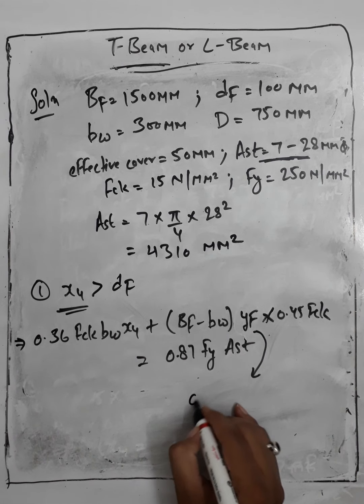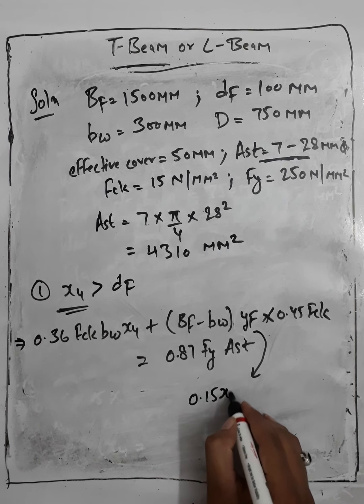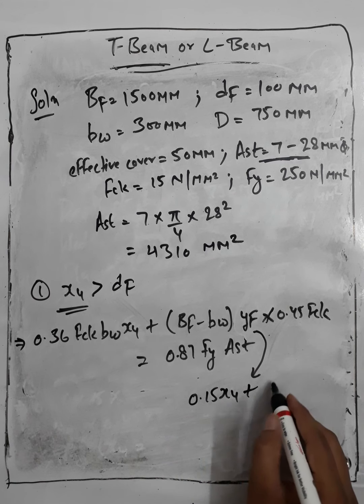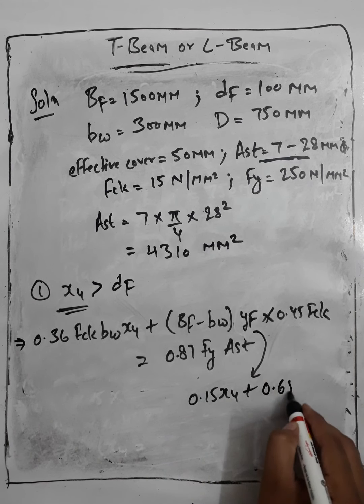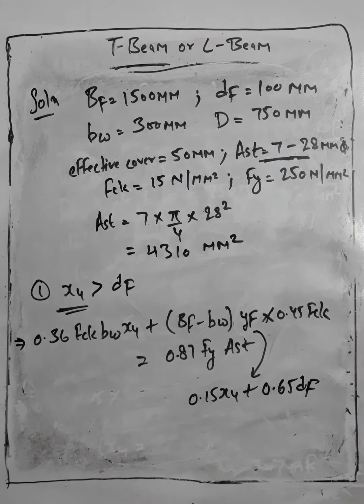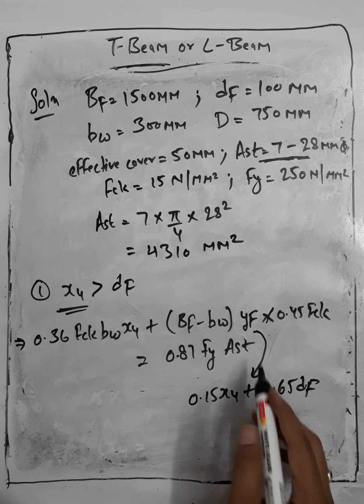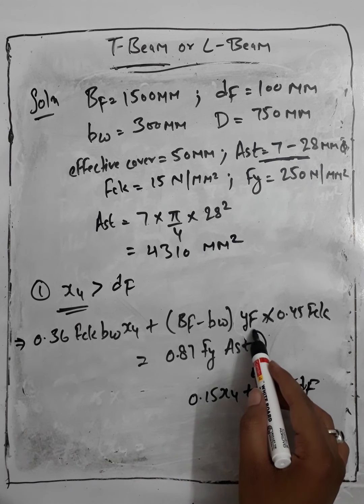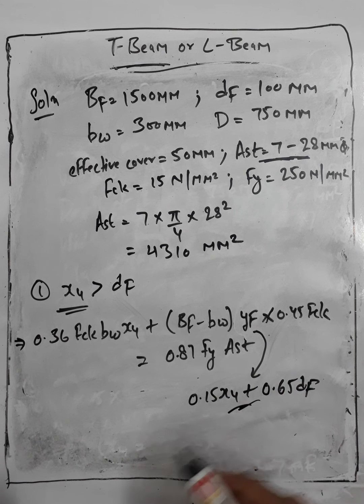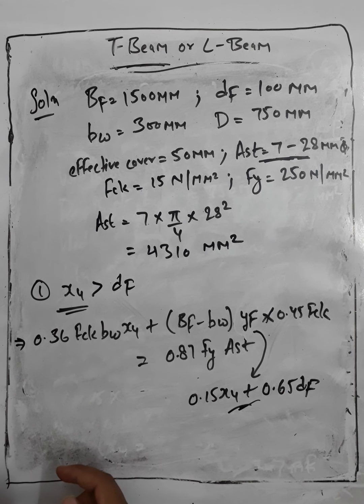So Yf is equal to 0.15 Xu plus 0.65 Df. This is the value. You have to put Yf equal to this equation, because here we have only one unknown, that is Xu.